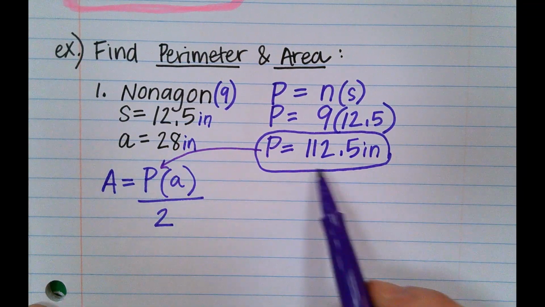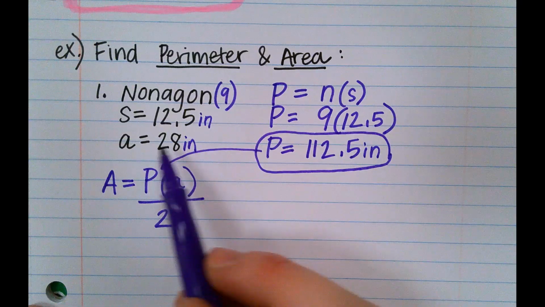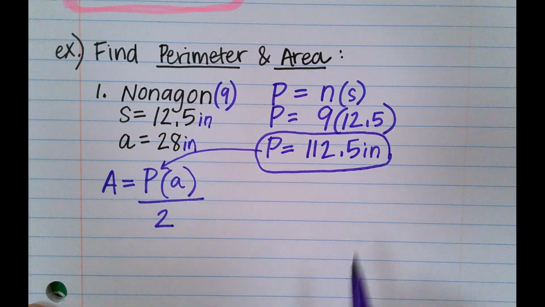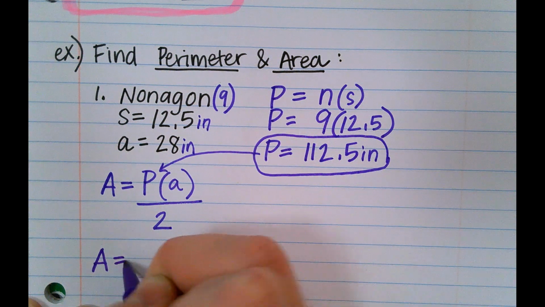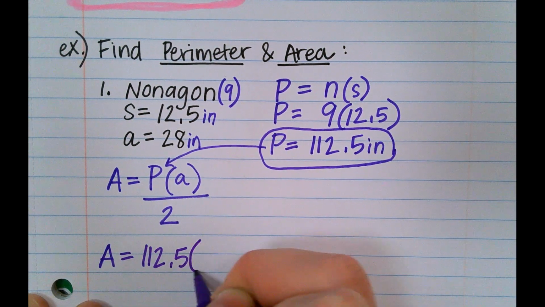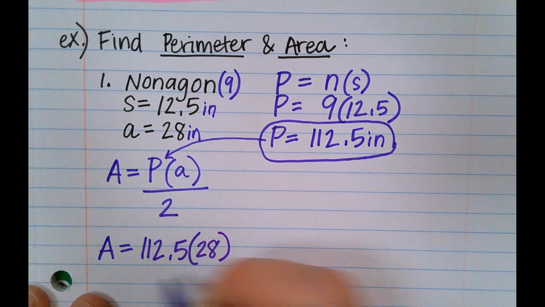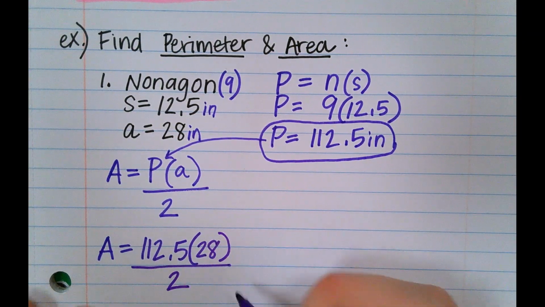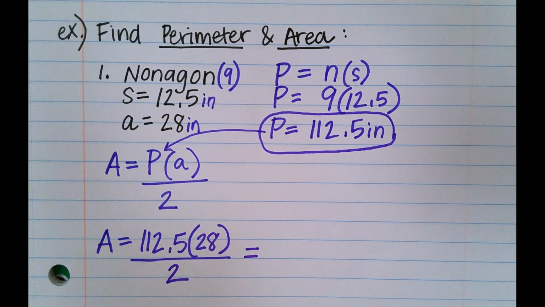Good. 112.5 goes in for P. 28 goes in for A. You divide that by 2. So, let's do that. A equals 112.5 times 28. Divide by 2 at the end. So, let's see.